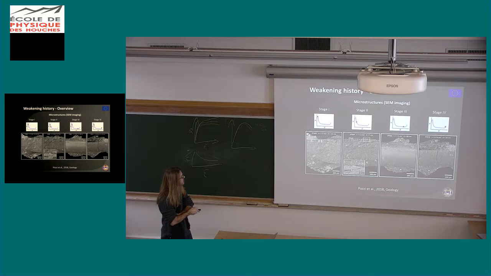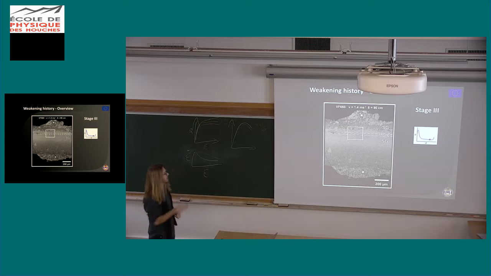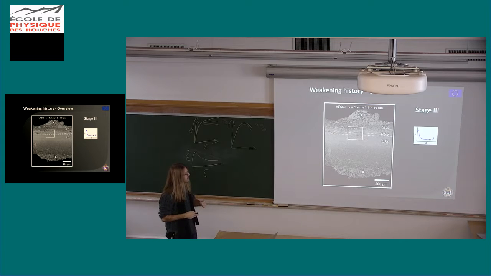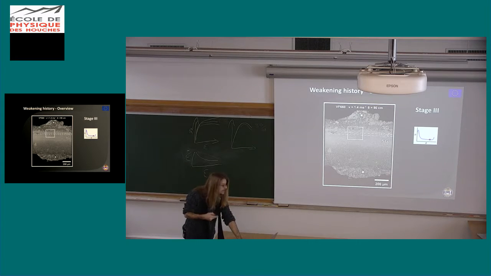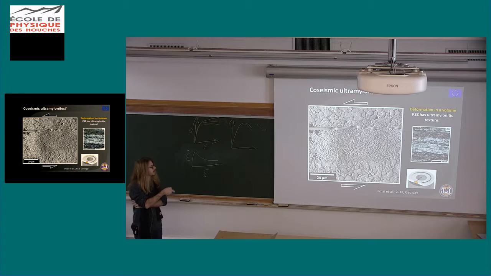But what we are interested in here is we want to zoom into the principal slip zone comprised between these two flat boundaries that are represented by the mirrors when you open the sample. And zooming in, this is the texture. So the formation of the principal slip zone is in a volume, even during the dynamic weakening.